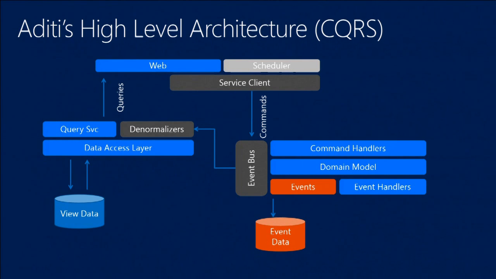So you can imagine something like user registers. The user sends a command that says register user. We handle it here in the command handlers. And eventually we say user was registered, and we emit an event. We store it.